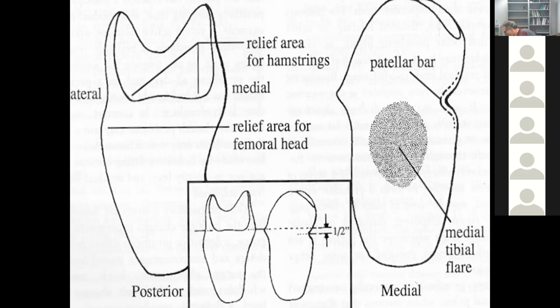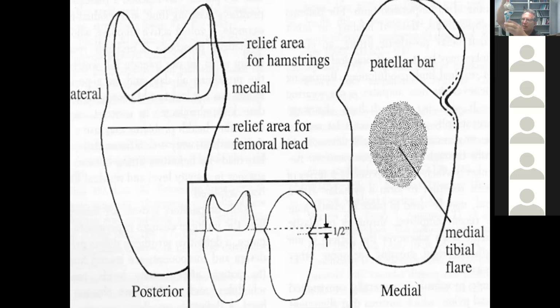So on a tibia, this area here, in the world of prosthetics and orthotics, is called the tibial blade because it's so sharp.